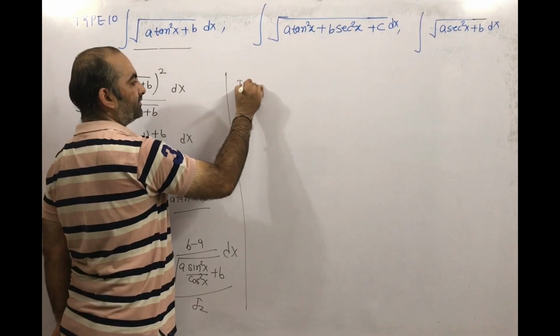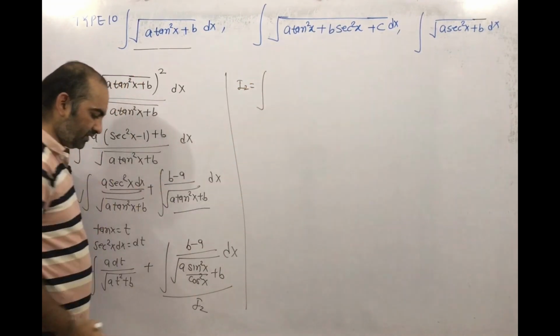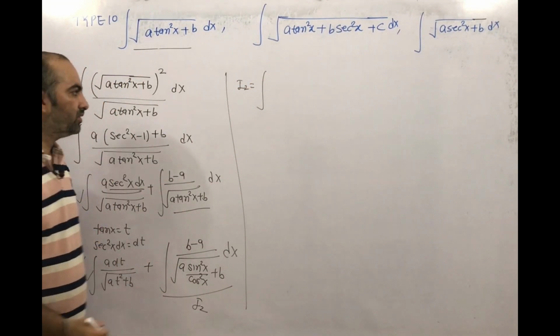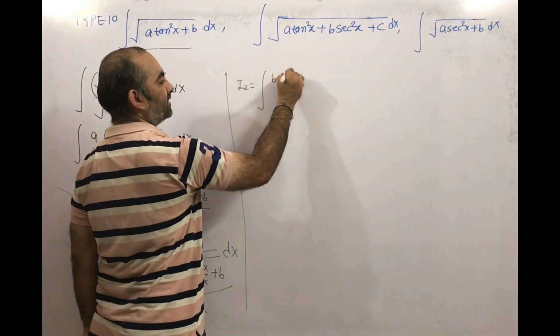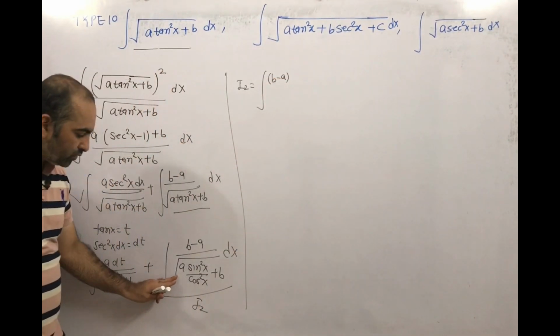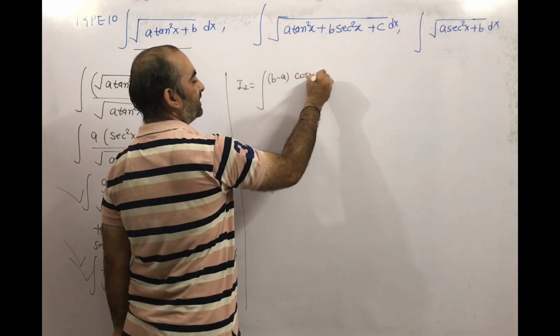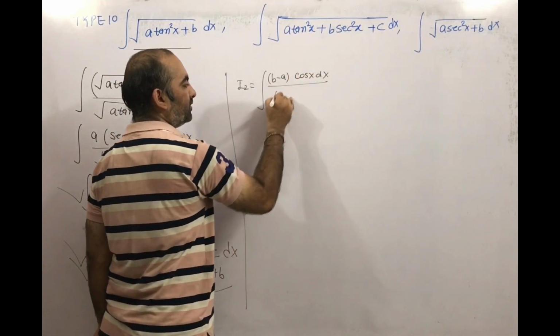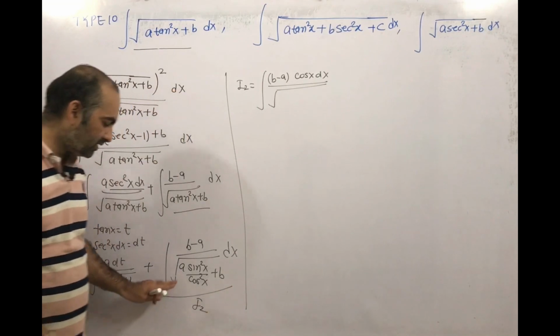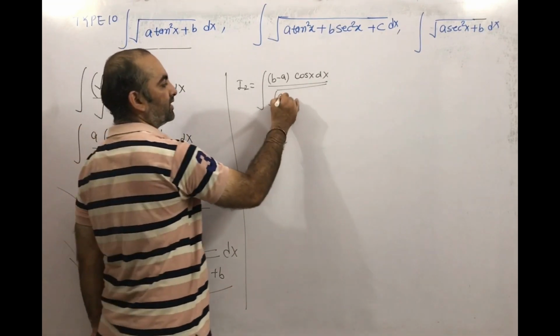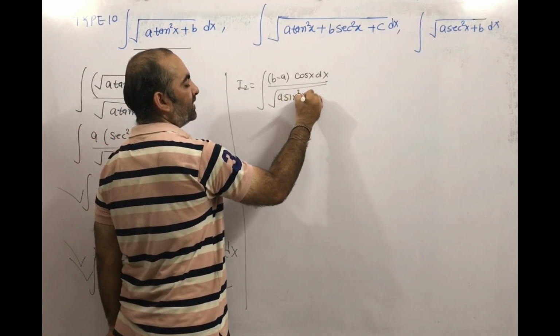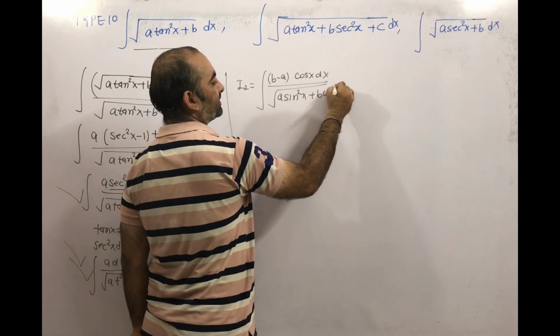So here I2 equal to what you can write? Integration of, if I take LCM here, what will come here? B minus a, root over cos square x, that means the numerator will come as cos x dx divided by root over, this will come as a sin square x plus b cos square x.